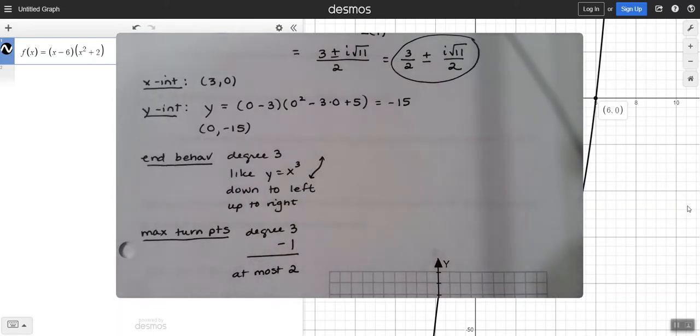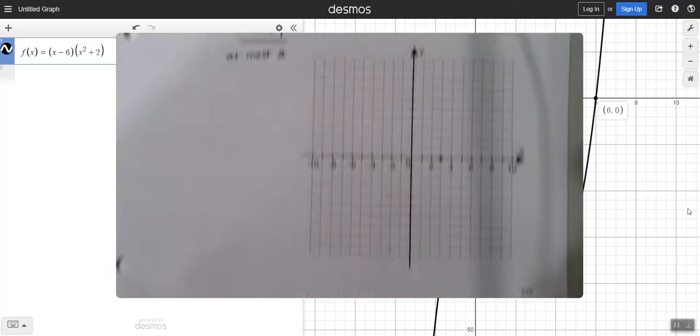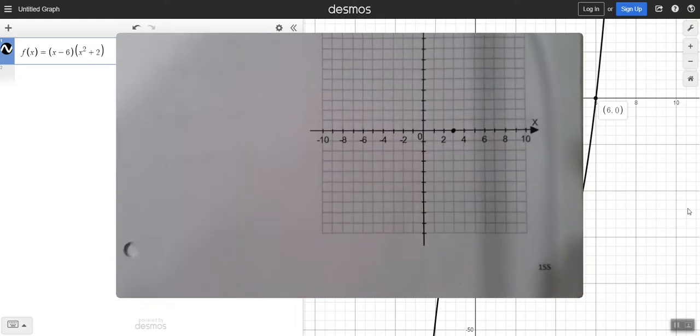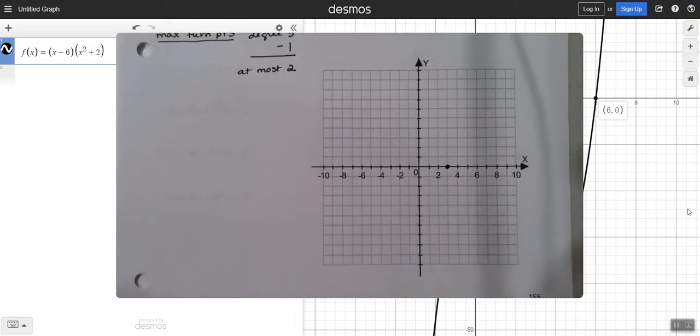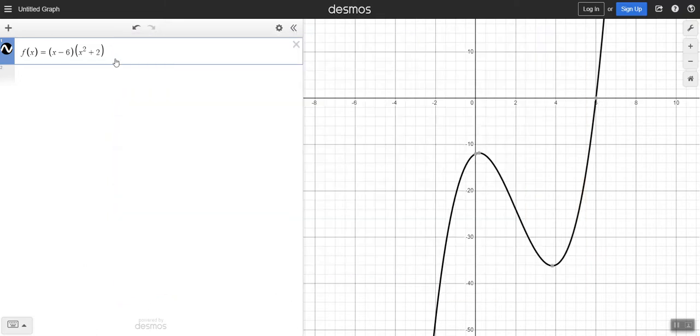Well, we know our x-intercept is 3. It's the only one. And I actually know my y-intercept, but I'm going to be a little smarter this time. I think I'll check the graph before I put it on here, just in case I need to change my scale. So let's see. Once again, we don't really have as much information as we'd like. We can't predict everything. Let's go ahead and check it out in Desmos.